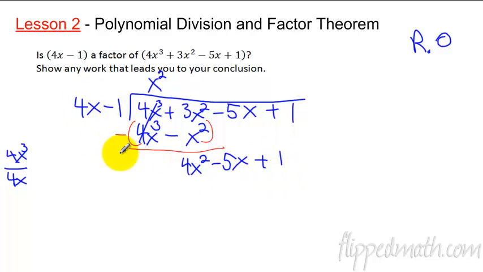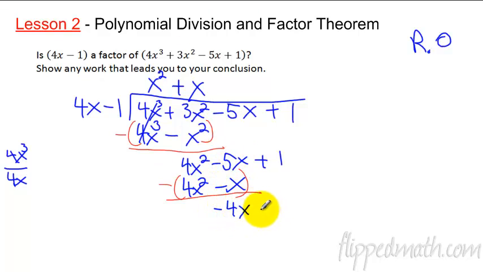Start over. 4x goes into x squared, x times, and then 4x squared. X times negative 1 is negative x. Subtract that entire line. And that cancels. Negative 5x plus an x is a negative 4x plus 1.